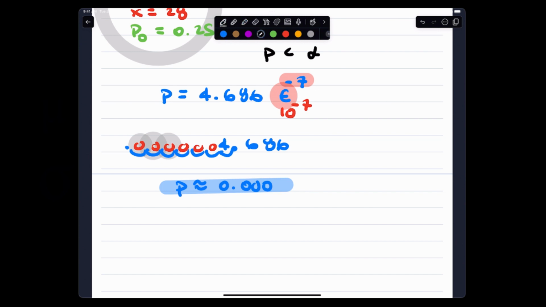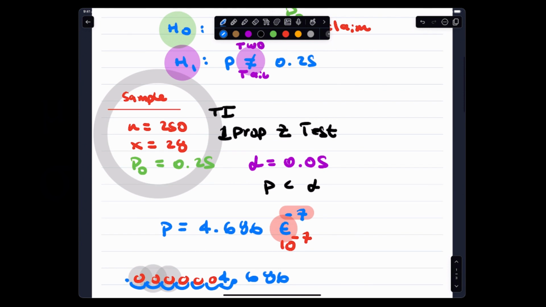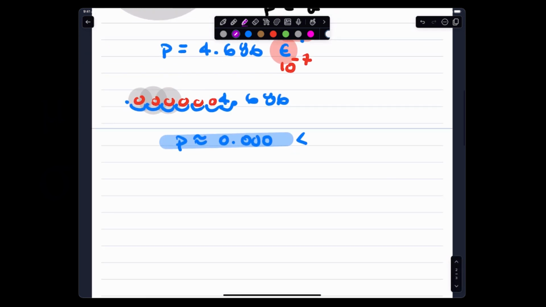What is your alpha? Is that smaller than 5%? It sure is. Isn't it smaller than 5%?